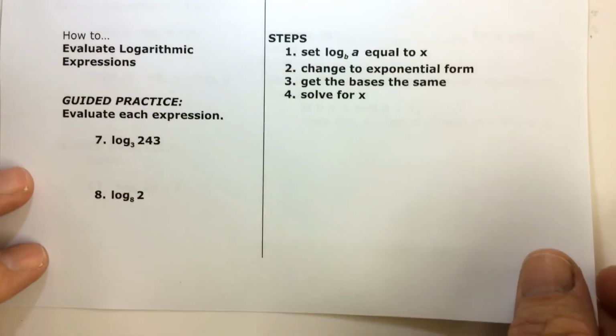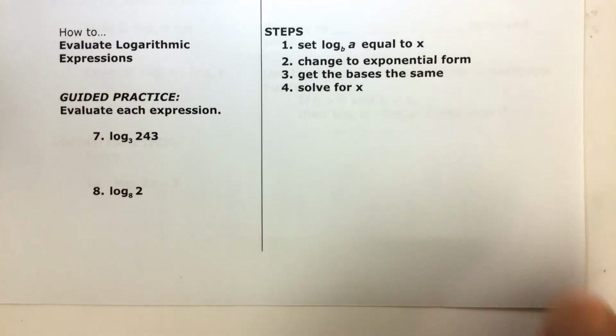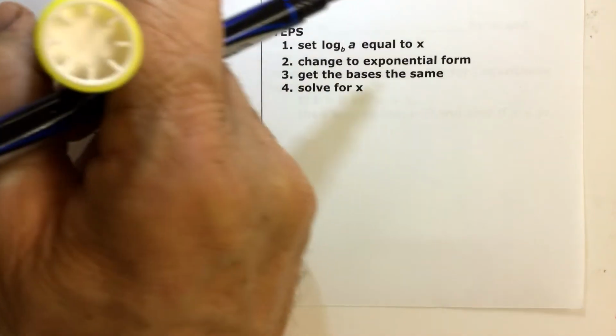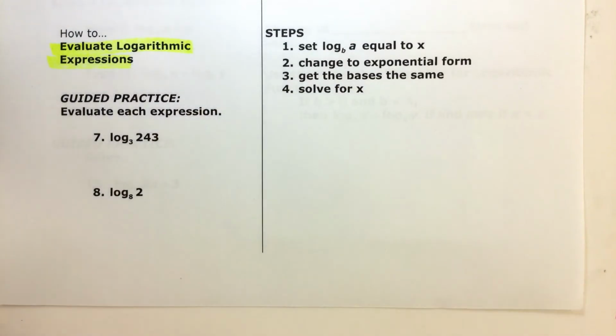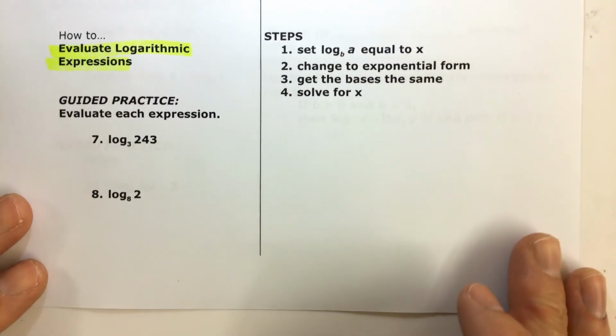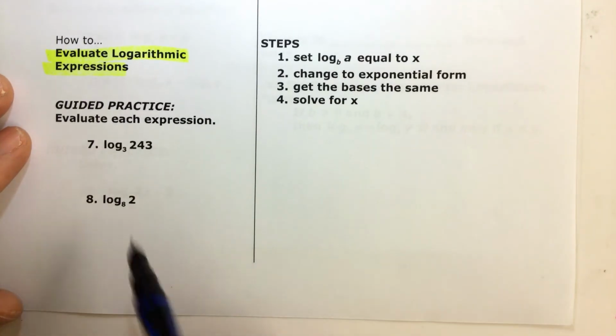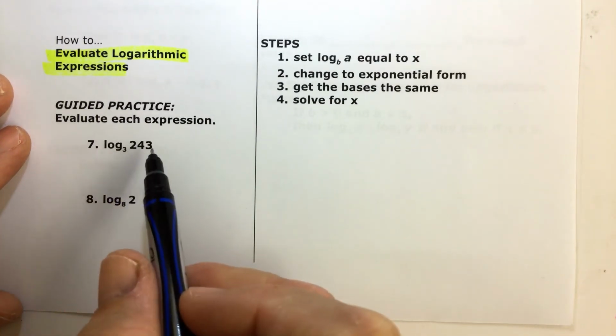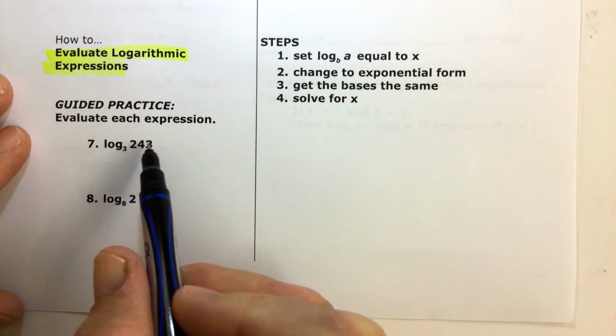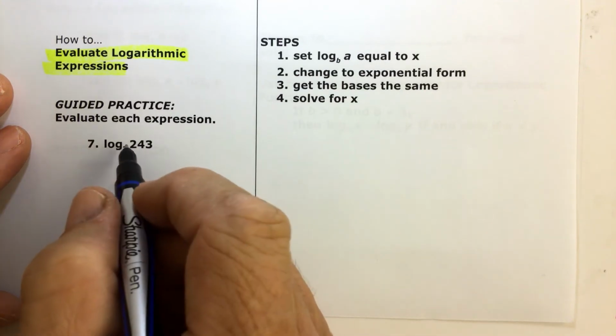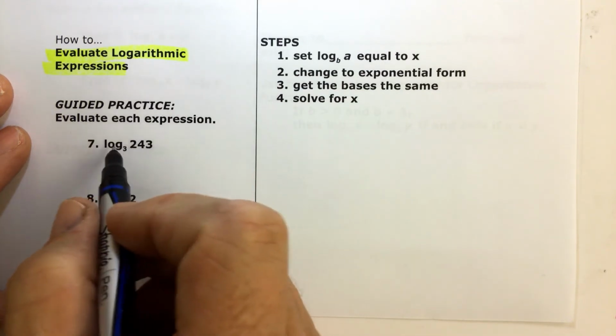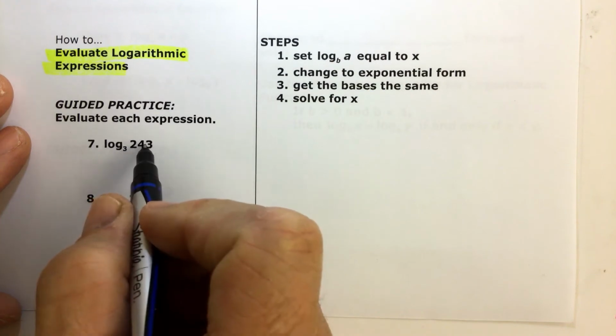All right. So now on to evaluating logarithmic expressions, which after you do a few of these become pretty natural, and the better you are at knowing your powers of 2, 3, 4, and whatever, the better you are going to be at evaluating these expressions. So for this one, we want to figure out what log base 3 of 243 is.